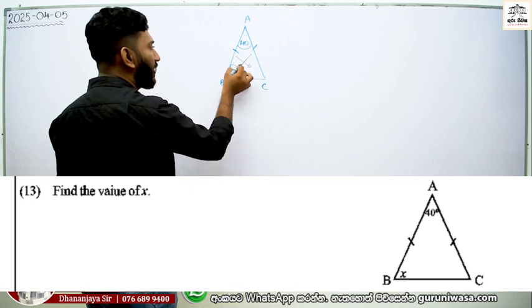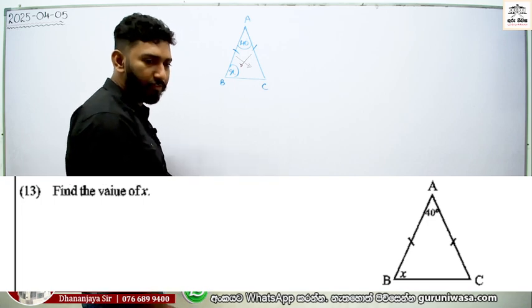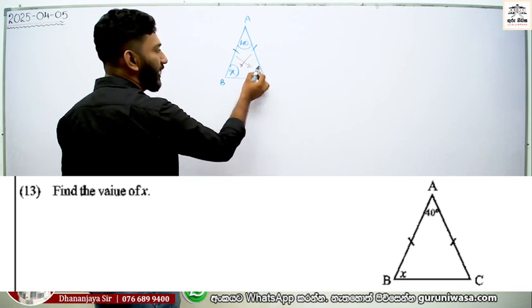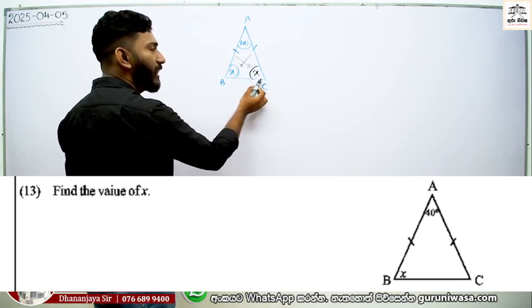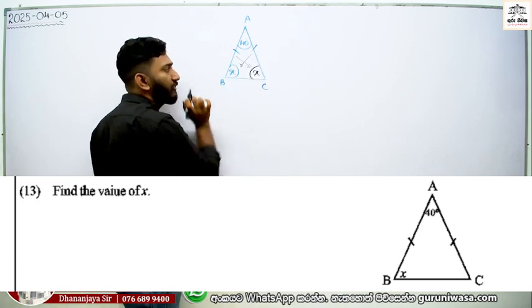Opposite angles. It's because of 40 degrees. 70 degrees, right? Look, opposite angles are equal. Therefore, this one should be x. Opposite angles are equal.